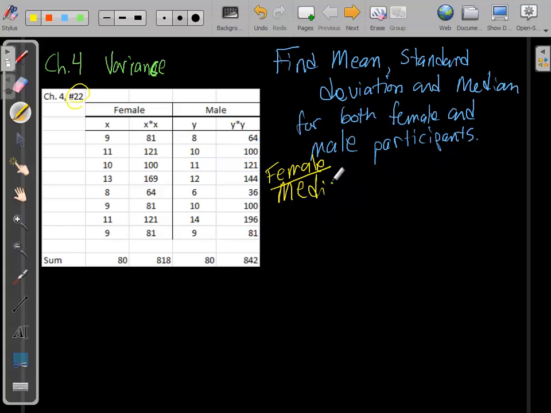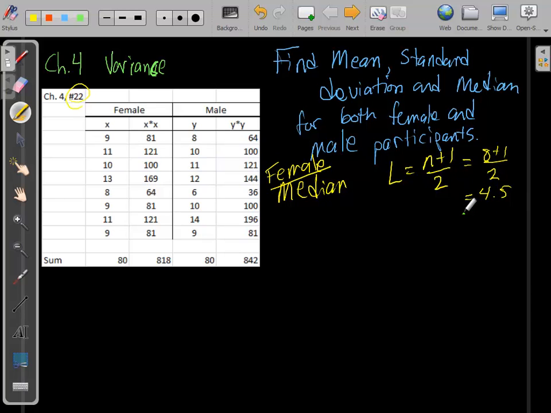So the location of the median is going to be at (n plus 1) divided by 2. We notice there's 1, 2, 3, 4, 5, 6, 7, 8 participants, so that's 8 plus 1 divided by 2, which is 4.5. This is telling us the median is between the 4th and the 5th observation, the average of those values.